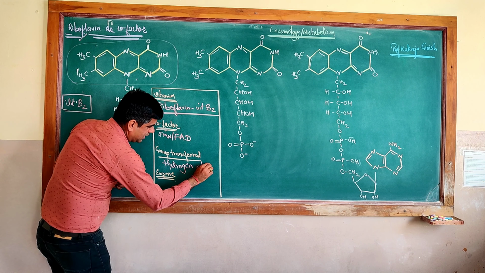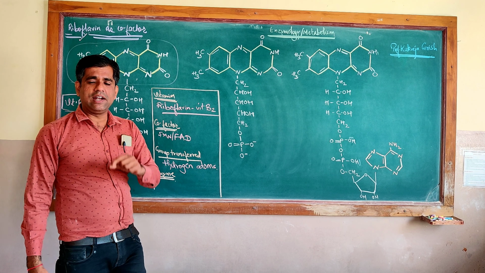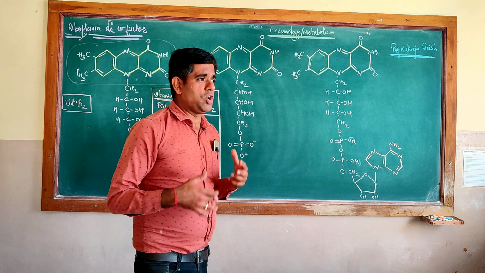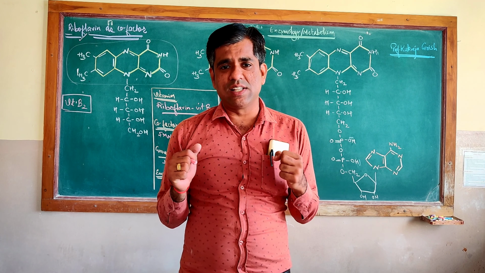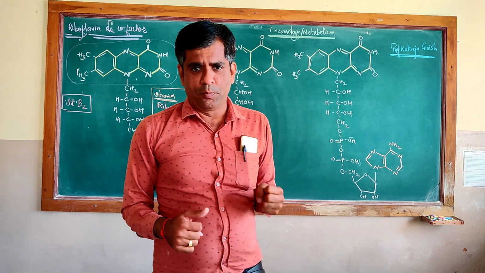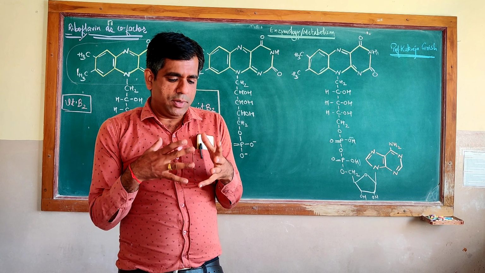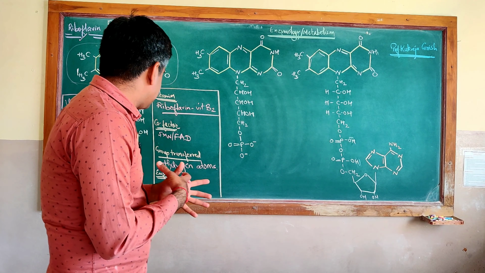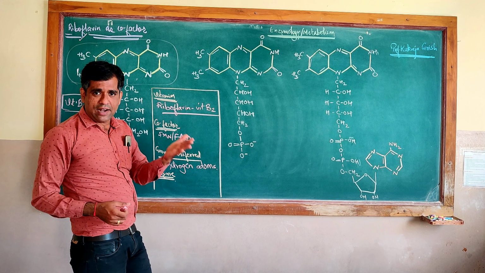Remember, the group that is transferred is your hydrogen atoms. There are many enzymes, various oxidases and various dehydrogenases, that use FAD as a tightly bound prosthetic group. This FAD is tightly bound to the enzyme with the help of covalent bonds, so it acts as the prosthetic group of various dehydrogenases.